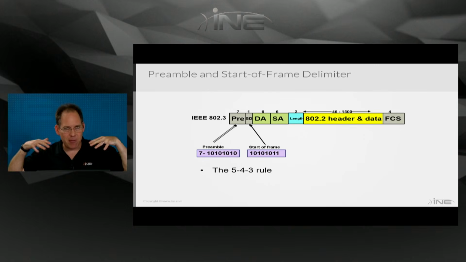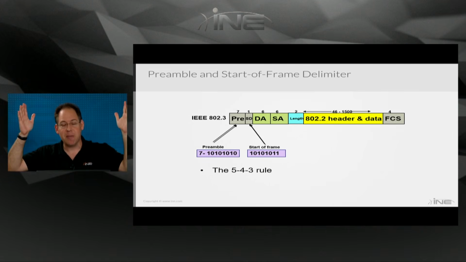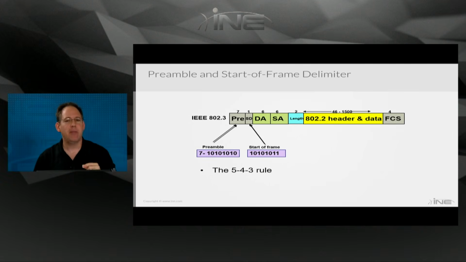Because think about how this is actually happening at the physical layer. I'm putting some electrical energy on the wire, and my rules state it has to be a certain level held at a certain amount of time so that you can recognize it as a 1 or a 0.